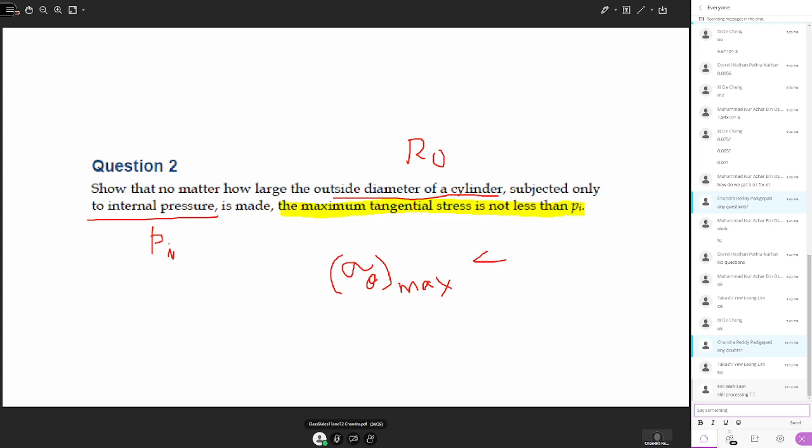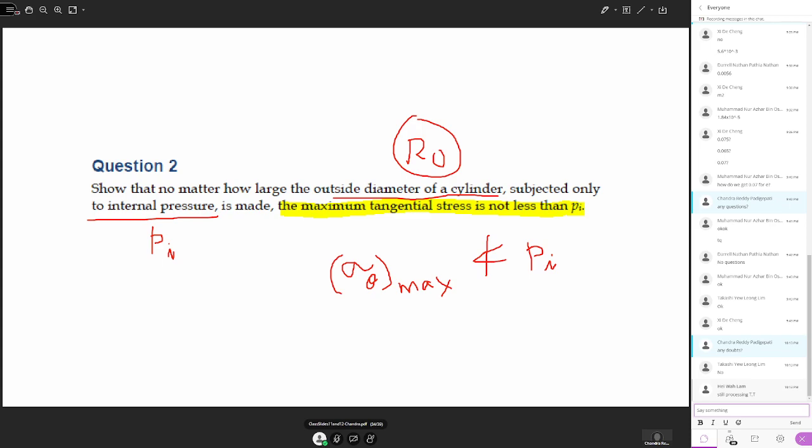Whatever the outer diameter or outer radius of the cylinder, the maximum tangential stress will always be greater than the inner pressure, irrespective of the outer radius.